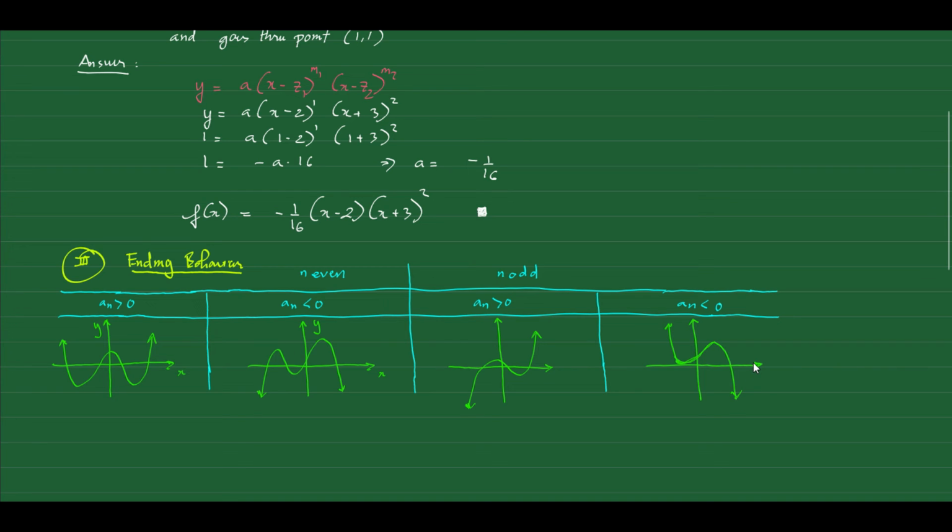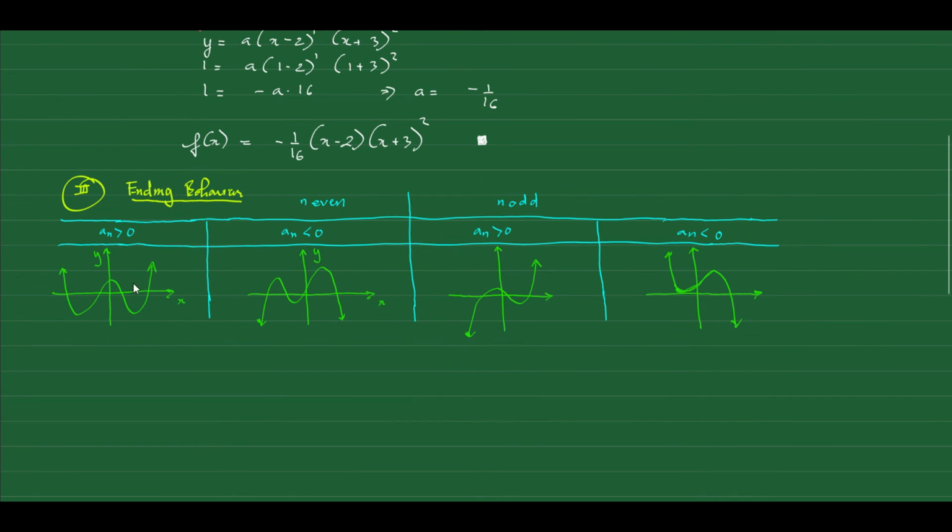Now, from this sketch, we can get the ending behavior easily. When x approaches positive infinity, you start from here and keep walking toward the right-hand side, the function is going up.